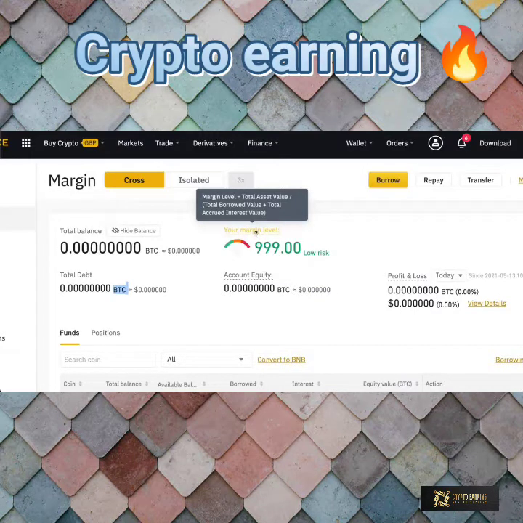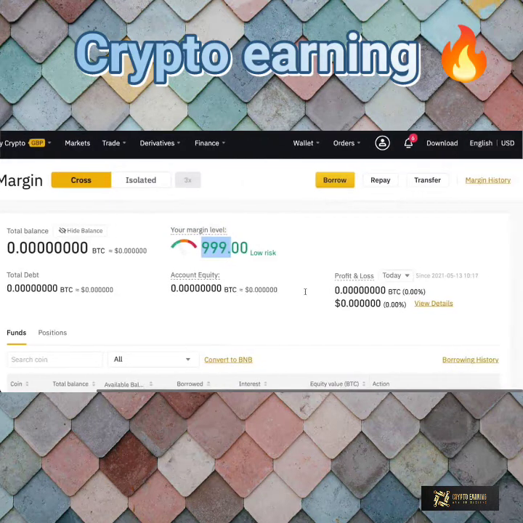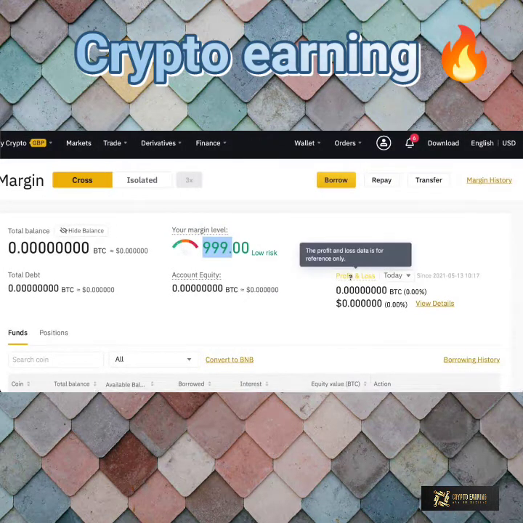If this level gets to 1.1 right here, this is when Binance will liquidate all of your positions and sell them all out, because 1.1 essentially means that you don't have any assets on account to actually pay for the money that you've borrowed. Coming to your profit and loss, this is just simply how much you've made or lost on the day depending on your open positions.